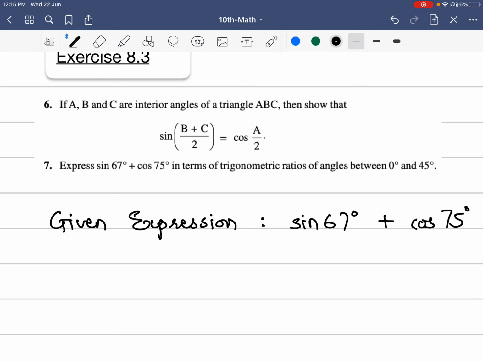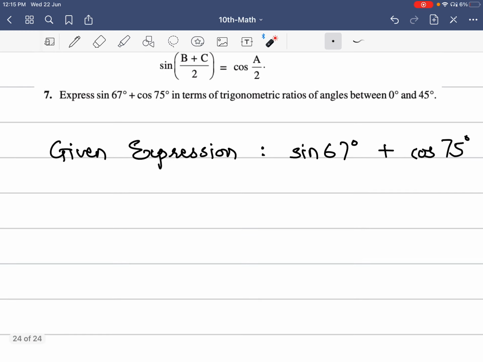Now these angles, 67 and 75, are obviously greater than 45. So they want the angles to be between 0 and 45. They don't care what the trigonometric ratio will be. This is sine, this is cos, you can change it to whatever you want, but the angles should be between 0 and 45.